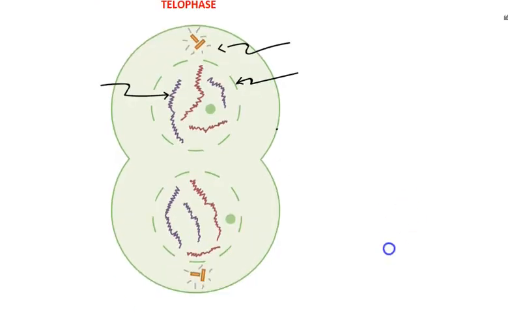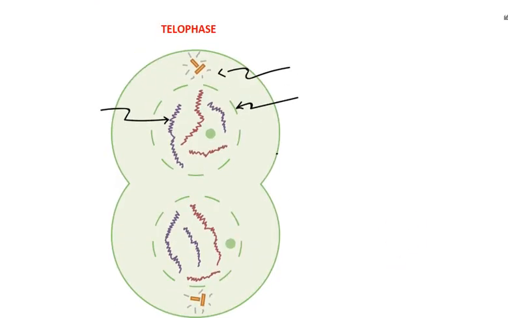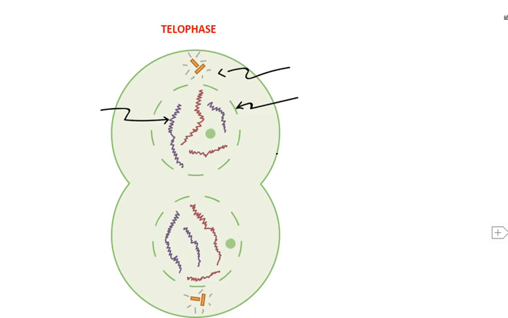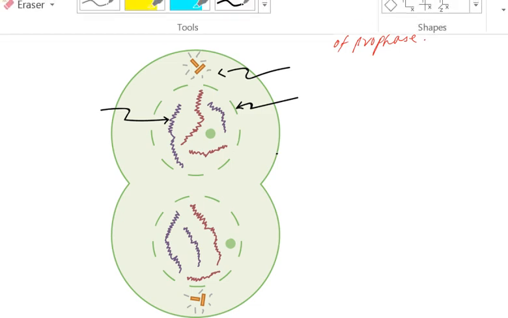Let's look at telophase. So in PMAT, the last letter, T, telophase. Telophase, I like to think of it as the reverse of prophase. So everything that you see happening in prophase happens in reverse during telophase. Like in prophase, we observe the breakdown of the nuclear membrane. During telophase, we see the reformation of the nuclear membrane.